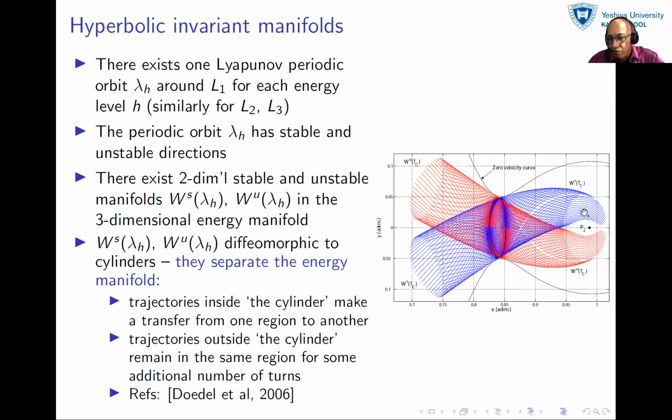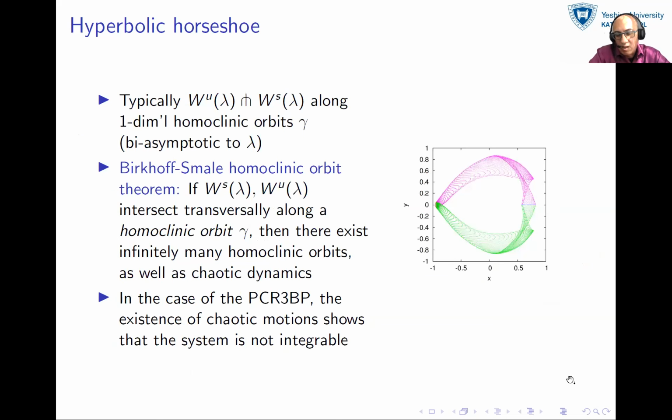For this to be feasible, these red and blue manifolds should intersect, because if there is no intersection, you cannot switch from red to blue around this point. And it turns out that they do intersect.